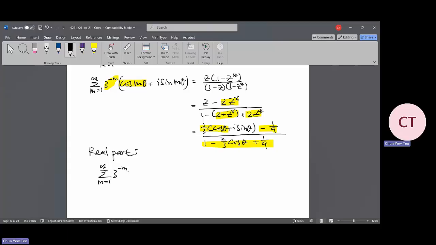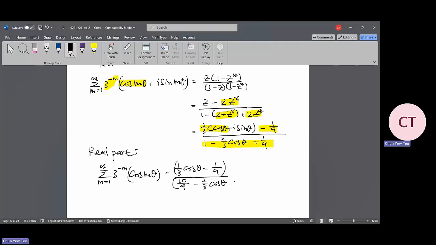3 to the power of negative m cos m theta is equal to 1 over 3 cos theta minus 1 over 9, divided by 10 over 9 minus 2 over 3 cos theta.